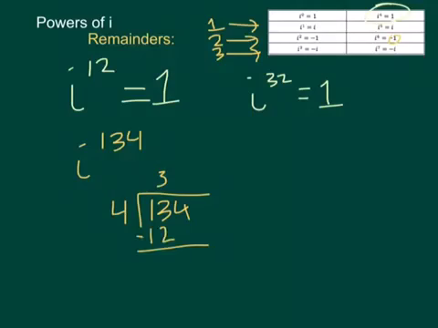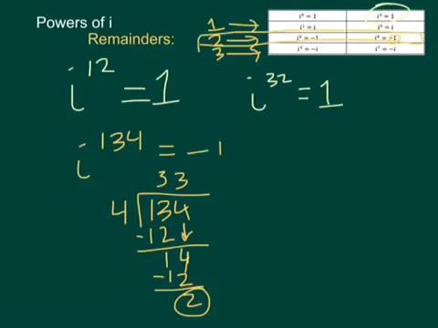We'll subtract that, get 1, bring the 4 down. 4 can go into 14 3 times again. And then when we subtract that, we're left with 2. And 2 is our remainder. So i to the 134 is going to be equal to the same thing as having a remainder of 2, which would be -1.